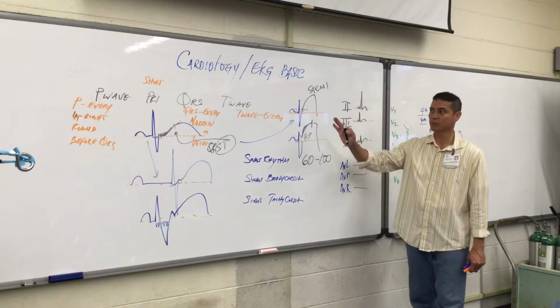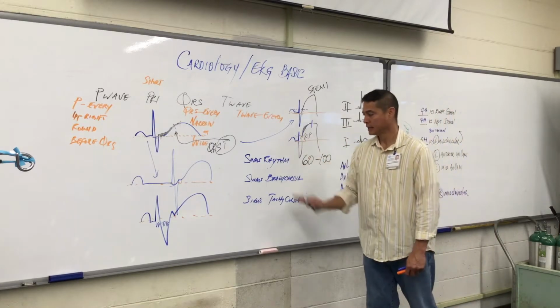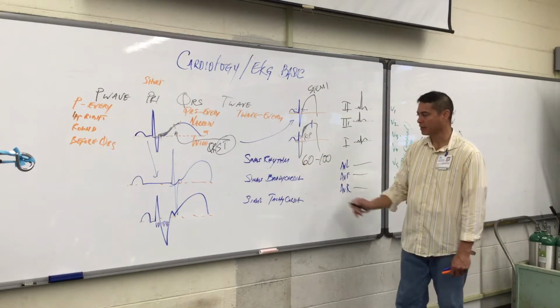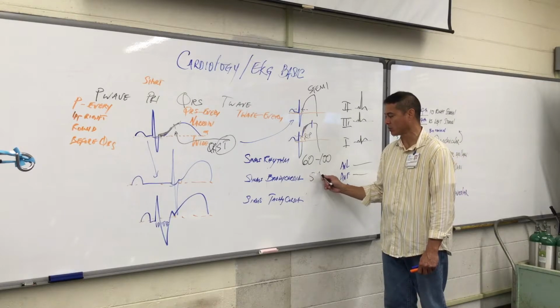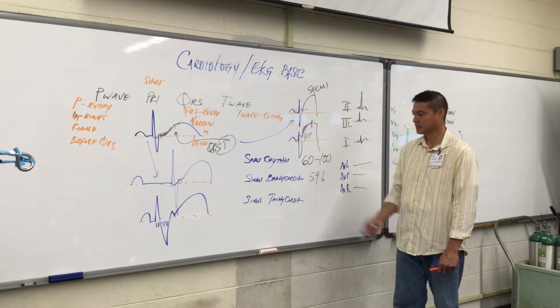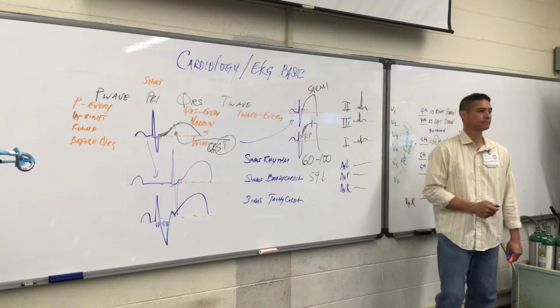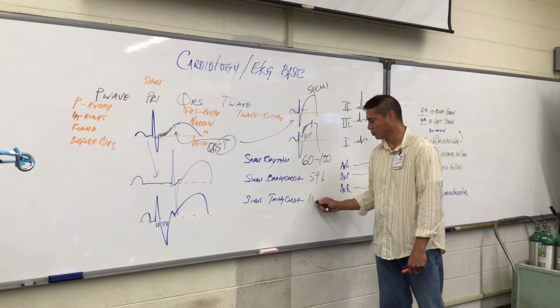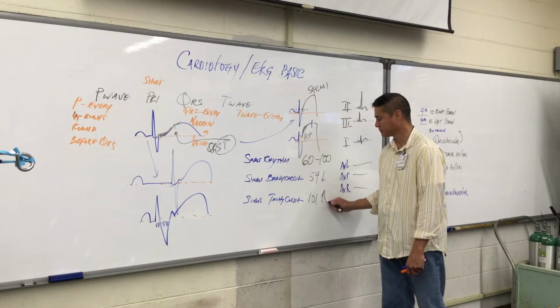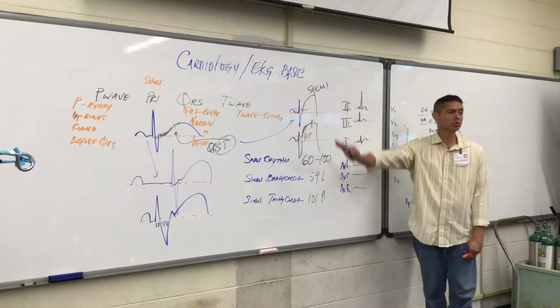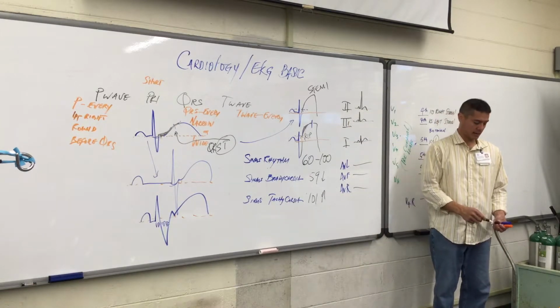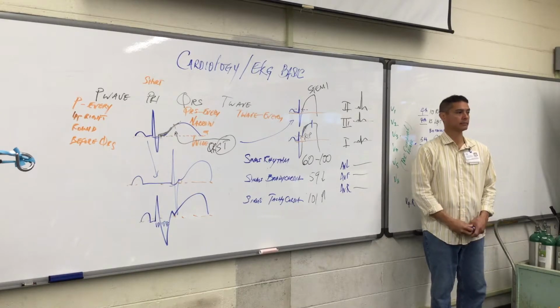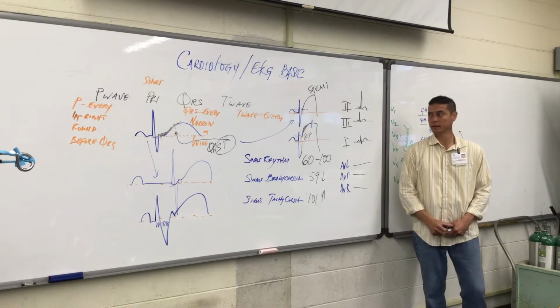And all these rules have to apply. If all these rules apply and the heart rate is 59 or less, sinus bradycardia. And if the heart rate is 101 or more, and all the rules apply, we have sinus tachycardia.